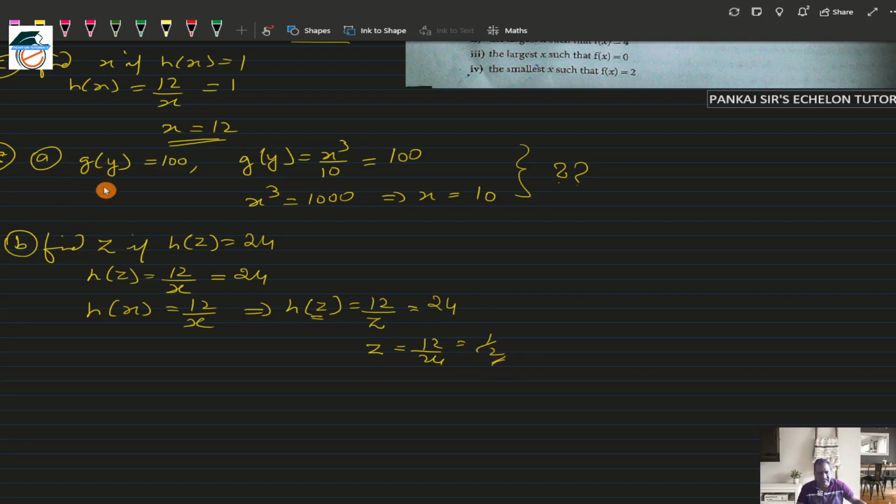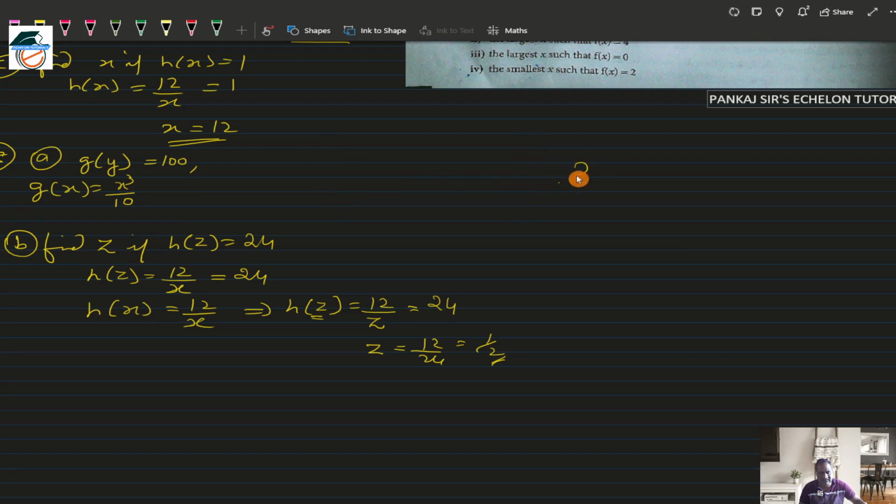Here also you can do the same thing. g of y is given to you as 100. g of x is given to you as x cube upon 10. I'm going to do this question again for you so that you understand. So I will find out g of y now.